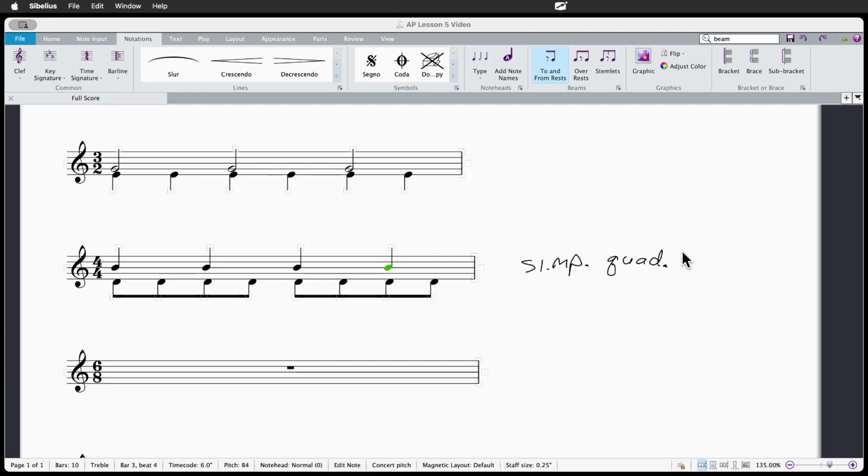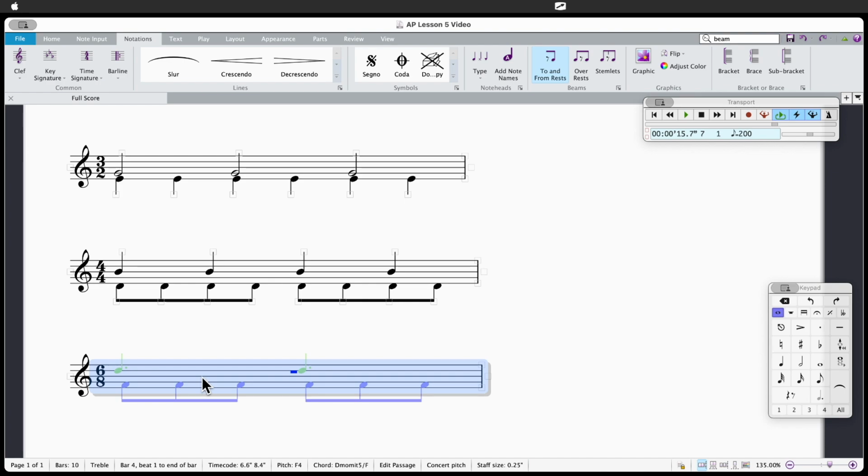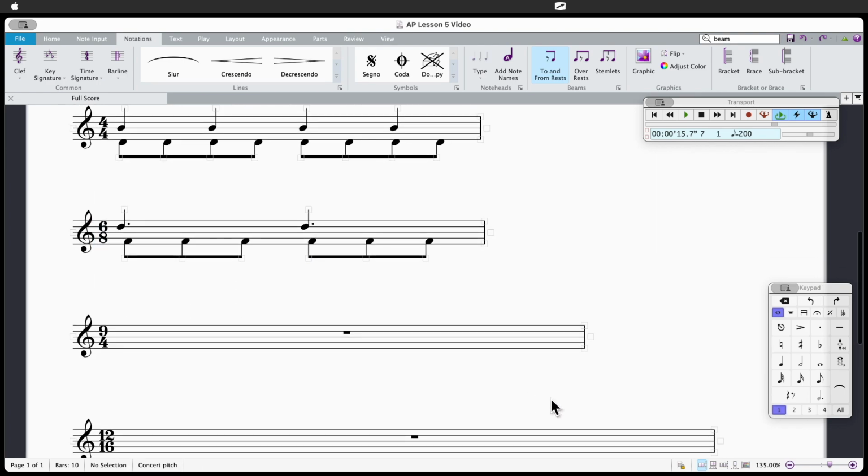So the distinction between simple and compound meters is whether the beat is divided into 2 equal parts, or into 3 equal parts, like we're going to see here with our first compound meter. We'll go with 6/8. We see here that 6/8 is divided into 2 dotted quarter notes.